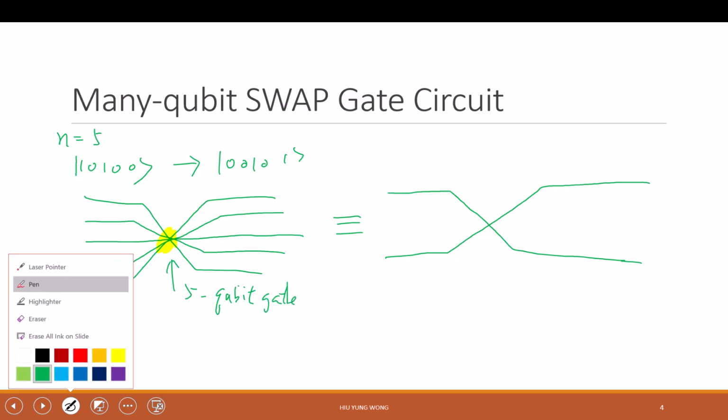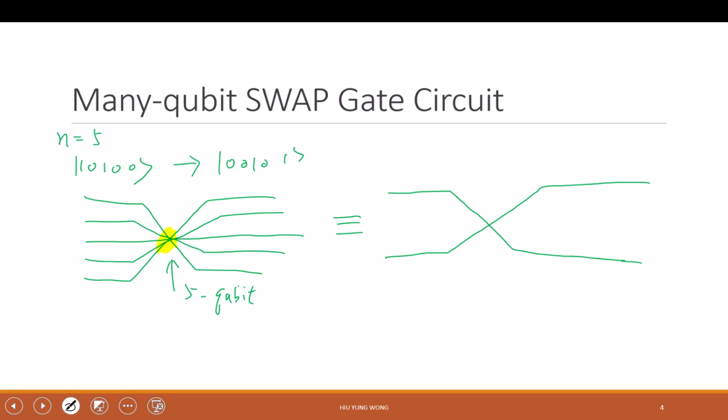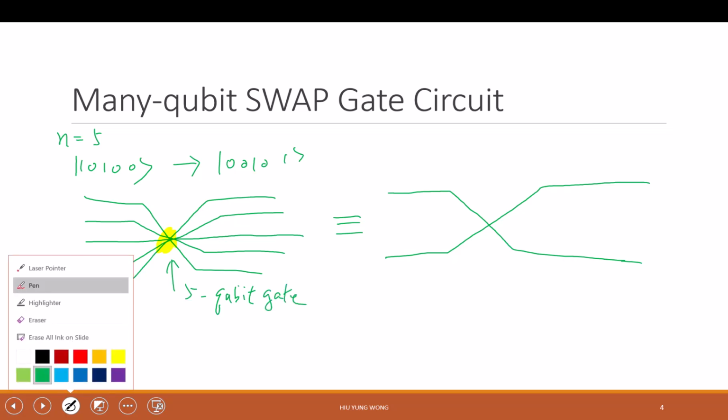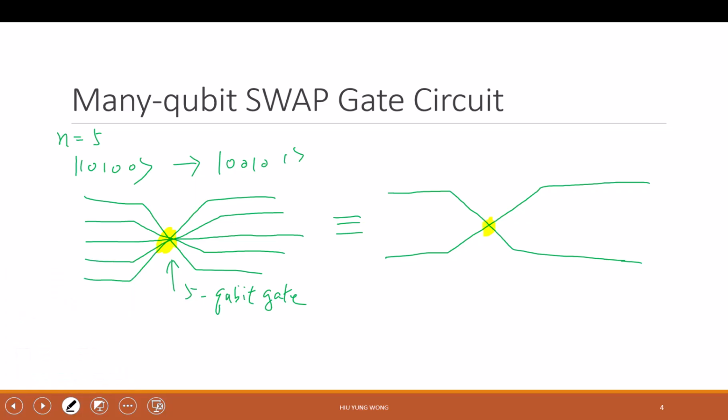But this one is just a 2-qubit gate. Do you see that? What I'm trying to say is, I swap the most significant bit and the least significant bit. Then I don't do anything for my other qubits, they will just come here. This is confusing.